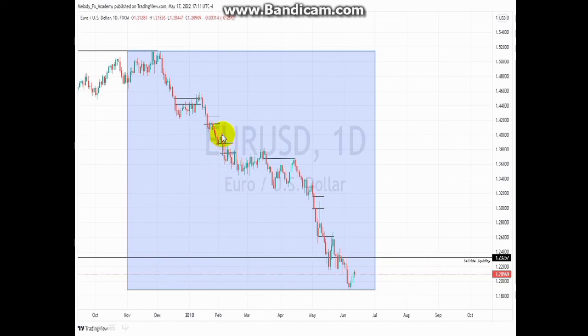So we have price break structure to the downside, trades into this fair value gap, creating a liquidity void, trading back into the fair value gap, consolidated a bit, then broke structure to the downside, came back, traded into this order block. Okay, so this is the last up candle before this whole down move, right?